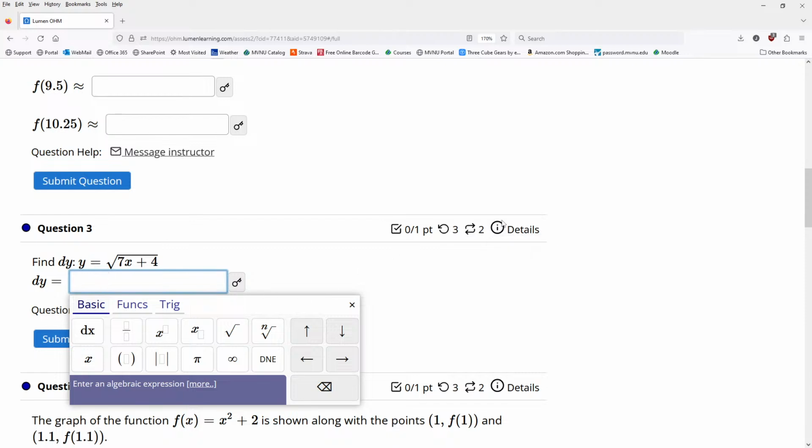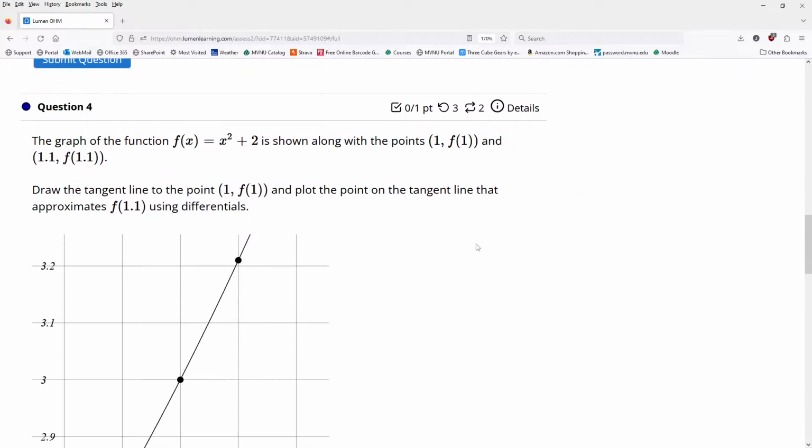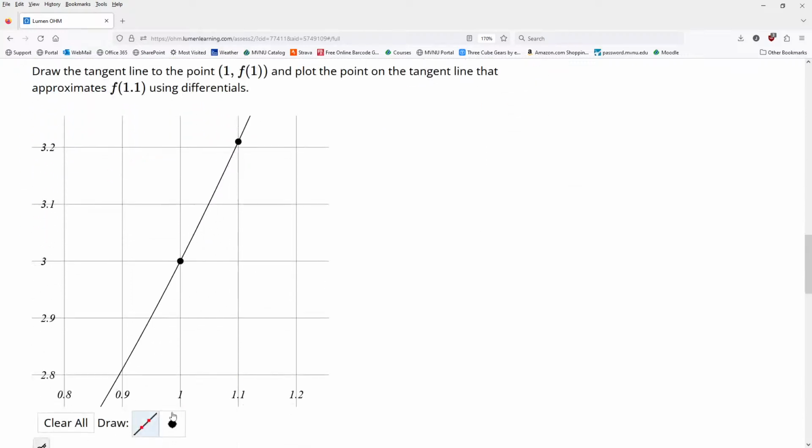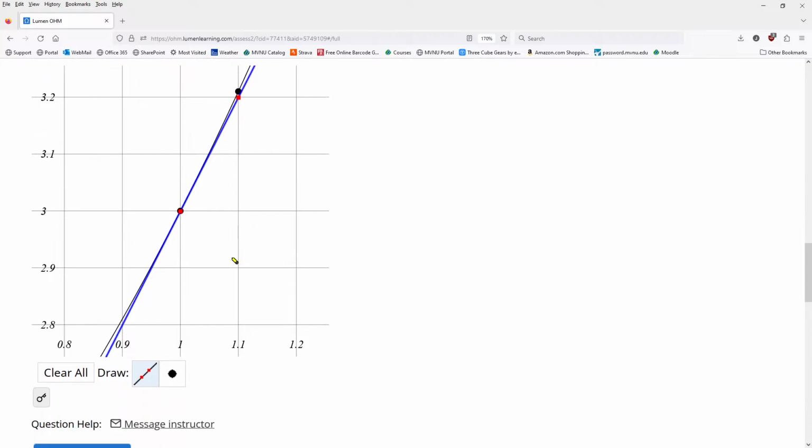And then there's a couple of problems that involve some graphing. They want you to graph the tangent line. And so what that means is that you're going to actually have to put points on this graph and graph a tangent line. I don't know what the actual tangent line is, but notice how the tangent line is very close to the actual curve.